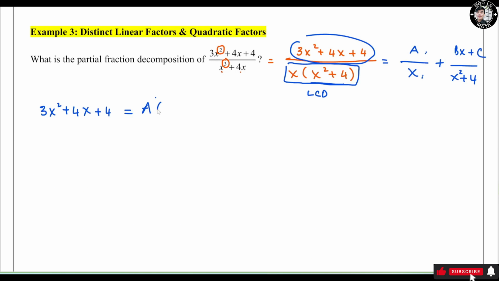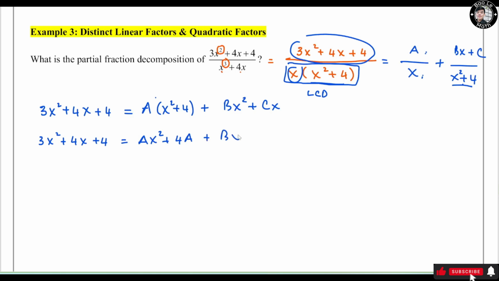So I have a times s squared plus 4, right? Plus this guy right here, I have the quadratic factor already, right? So I miss this guy right here, right? So multiply the top and bottom by s. It's going to be bs squared plus cs, right? Now, it's going to be 3s squared plus 4s plus 4, right? I distribute this one, it's going to be as squared plus 4a, right?